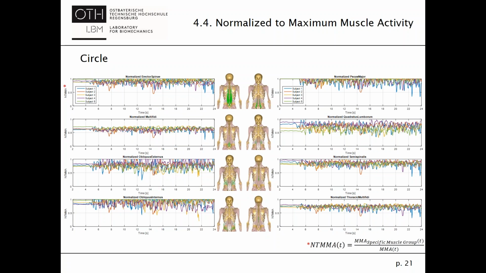So in these figures, you can see again that the multifidi and the thoracic multifidi have minor activation for all subjects, while especially the erector spinae and the psoas major, those two muscle groups here, form the magnitude of the maximum muscle activation.